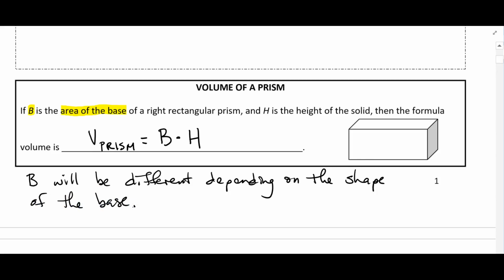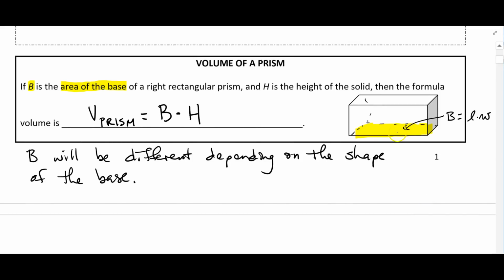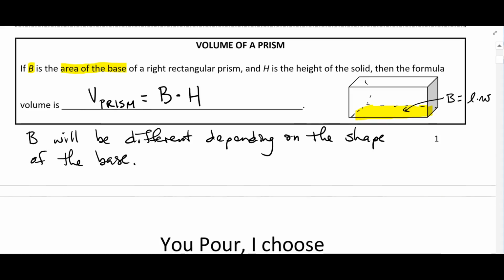Okay, in this picture, the base here is a rectangle, so the capital B for this is going to be length times width. Okay, if it was a hexagonal prism, then the capital B would be our formula for a regular polygon. If it was a triangular prism, then the formula for the capital B would be base times height divided by 2. So you really have to remember that this capital B is going to change depending on the problem. It could be something different every problem.